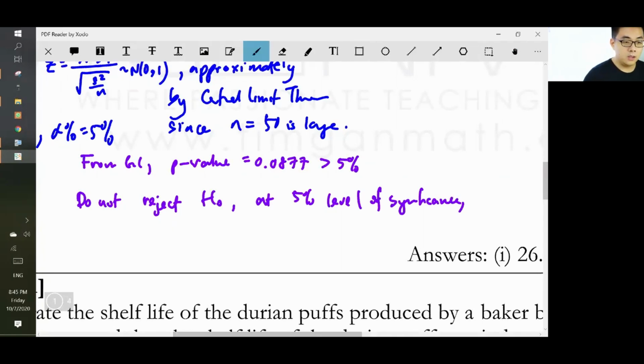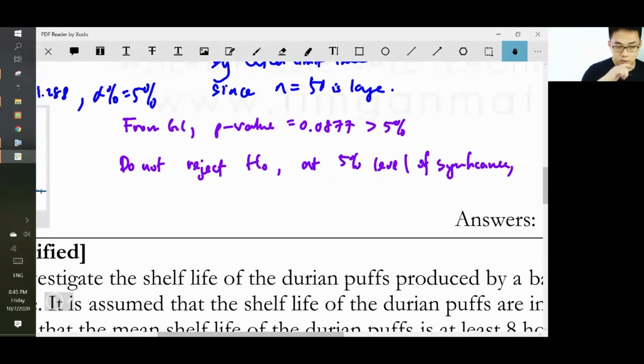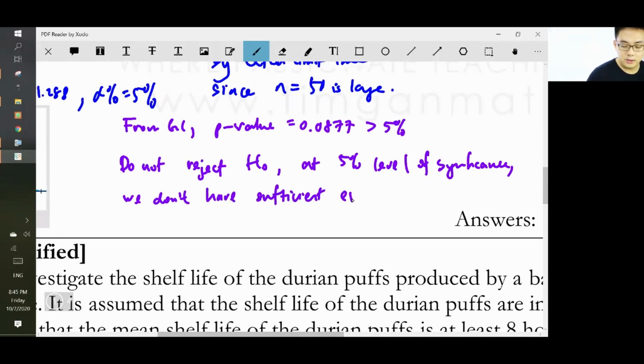Well, we conclude that we don't have sufficient evidence to state that the mean speed of cars has increased.